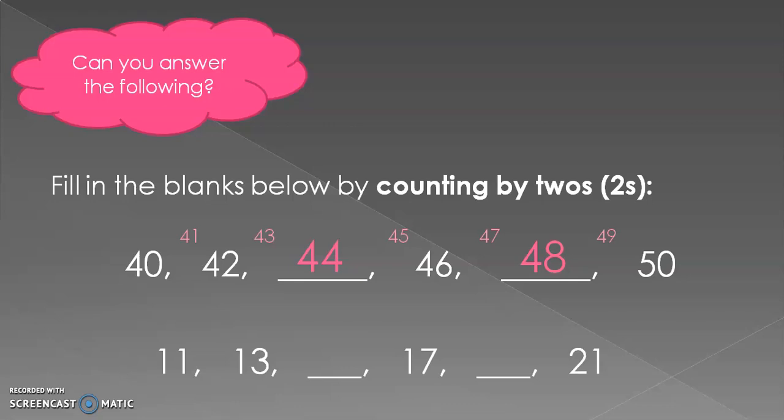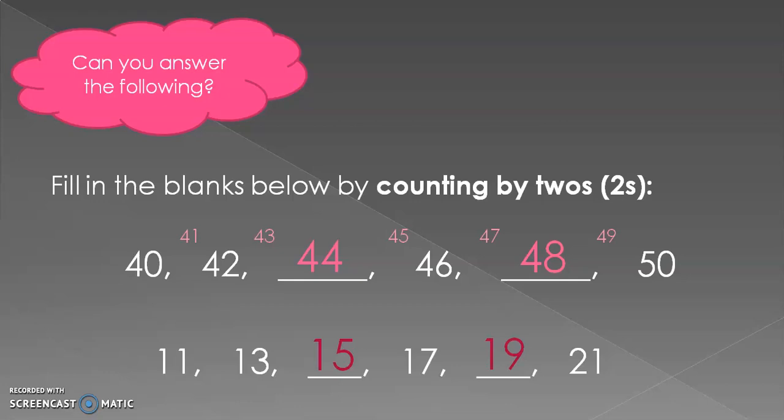The same thing goes for this one. Let's try not to write the invisible numbers here. If there's 11, the next 2 numbers will be 12, 13. Next 2 numbers after 13 is 14, 15. Okay? You can count on your fingers if you're not sure. So the next 2 numbers are 16, 17.